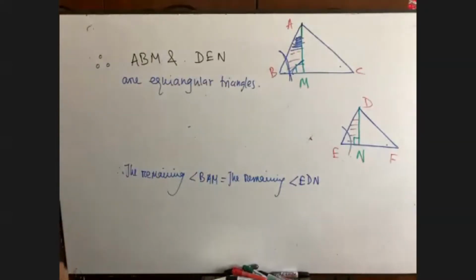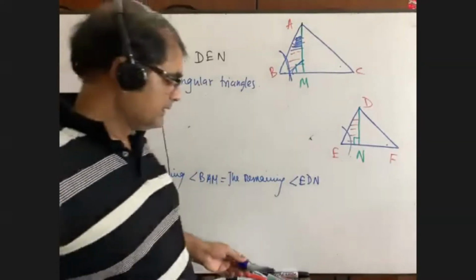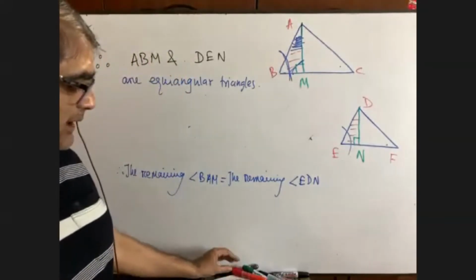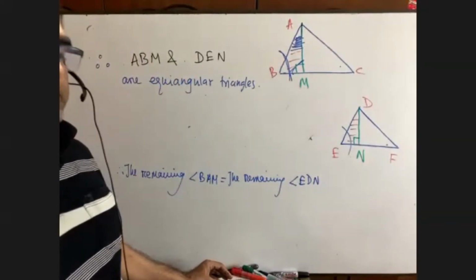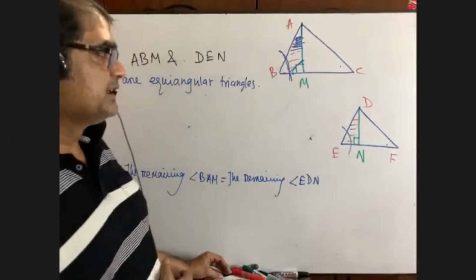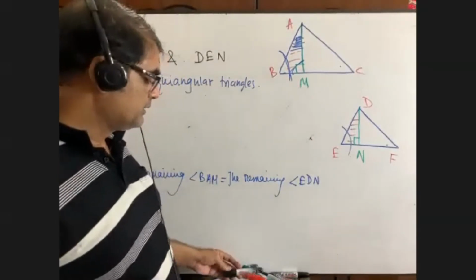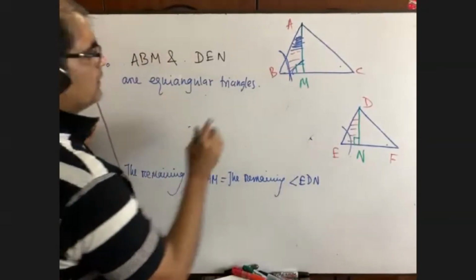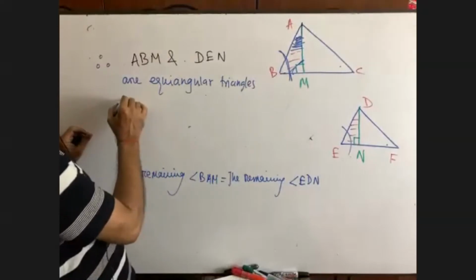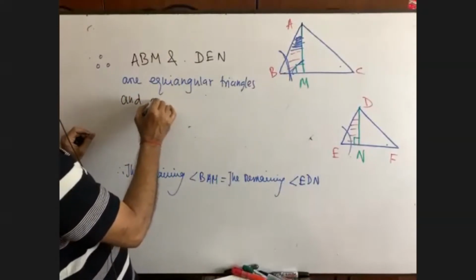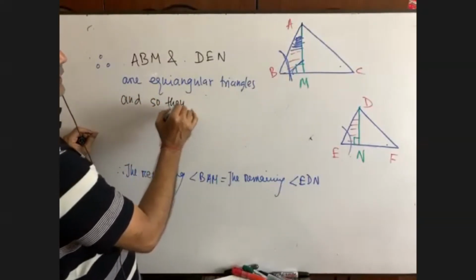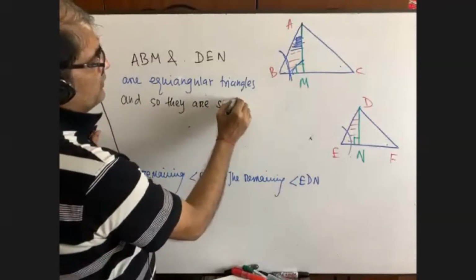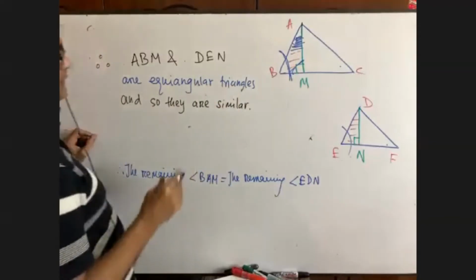If two triangles are equiangular, then they are similar. If two triangles are similar, then their corresponding sides are proportional. That is, their matching sides are proportional. So we can write down, and so they are similar. You did a lot of this in higher mathematics.